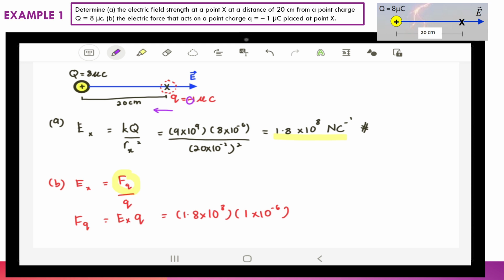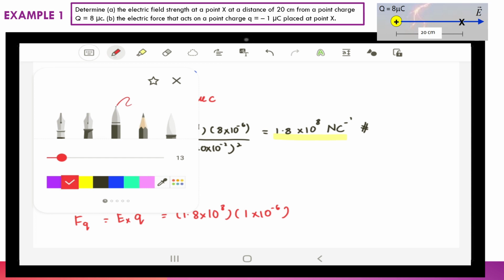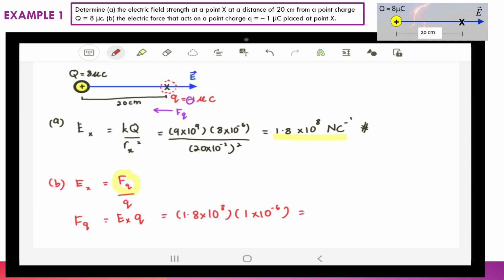So the direction of the electrostatic force on q should be to the left, because negative will be attracted to positive charge. And when we calculate Fq, we're going to have 180 Newton, and this is the magnitude of the electrostatic force.